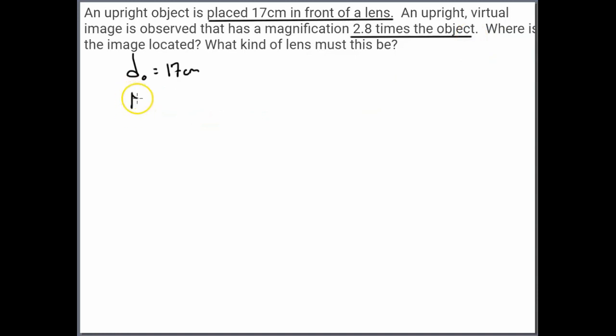Okay, so M is 2.8. Since it's a virtual image and the magnification is making the image larger, we know we're using a converging lens with the object placed inside of F. So it says, where is the image located? So we're looking for DI. And I've already explained what kind of lens this must be.